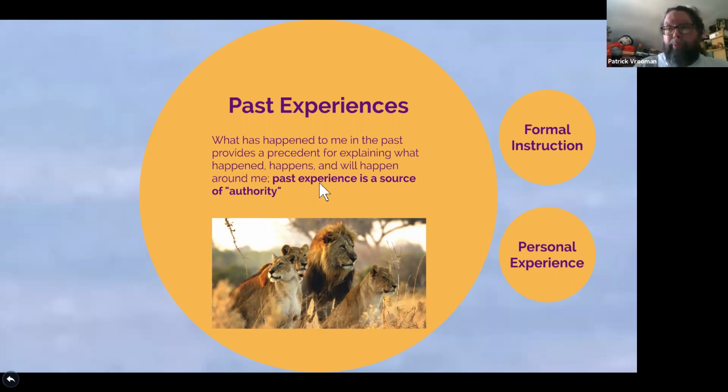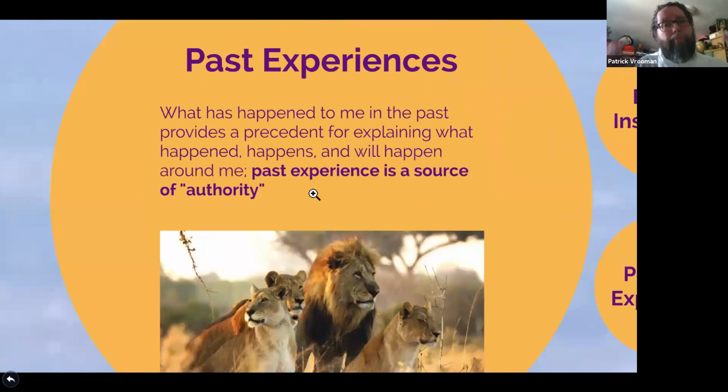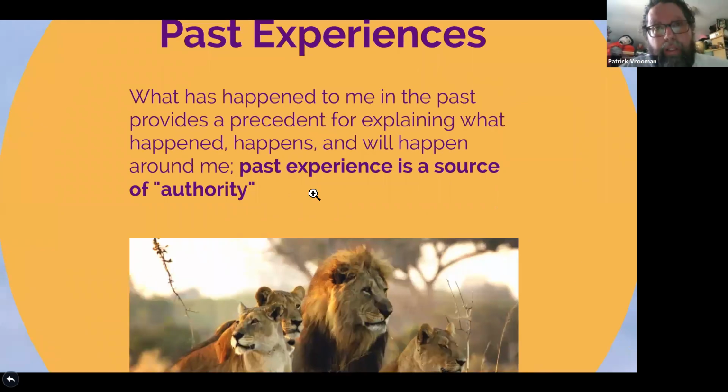And past experiences, whether they are from formal instruction, whether you were specifically taught by somebody to think something, to know something, right? Or if it was just from personal experience, like you have lived experience. Either way, these past experiences are a major source of authority. If you've lived something, if you were specifically taught something, the authority of that teacher, the authority of that lived experience is huge.